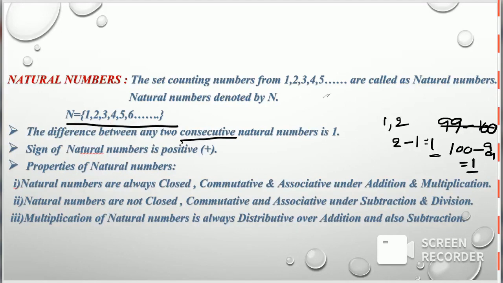In the same way, multiplication of natural numbers is always distributive over addition and also subtraction. These are all about the properties. First, we have to know about the closure property.